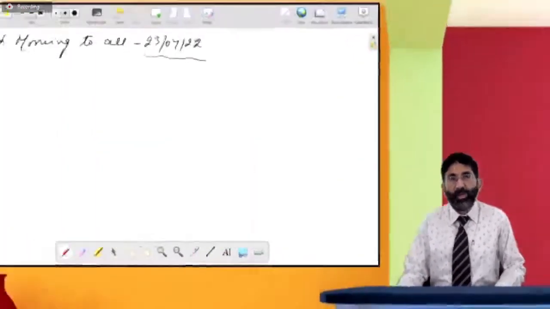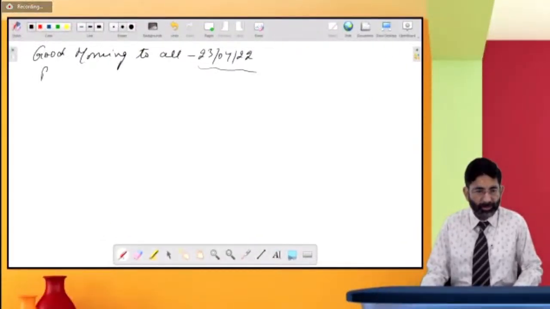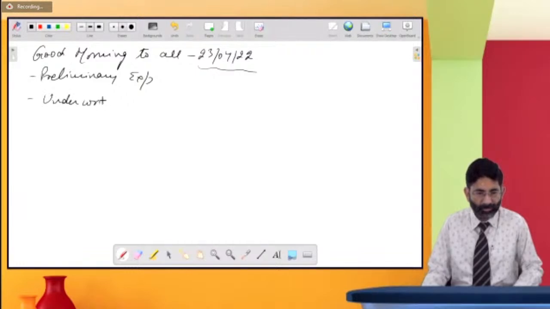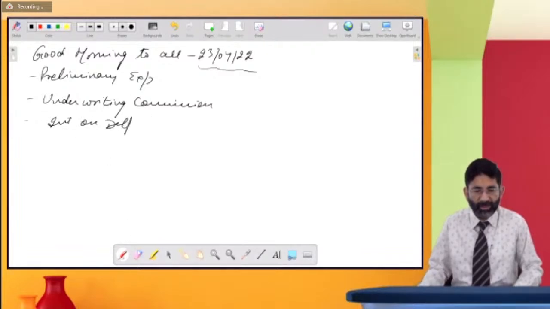Let's understand this thing; I would like to write it down for you so that everyone can understand. An important question is asked by a student: why are we not allocating preliminary expenses, underwriting commission, and third, interest on debentures, because these three look like time related expenses?